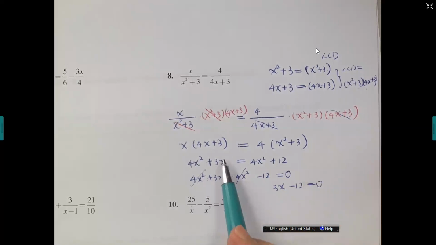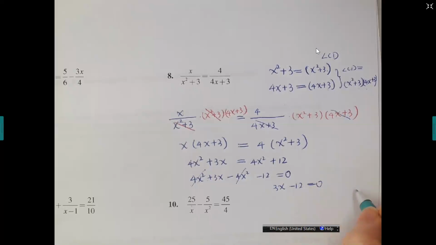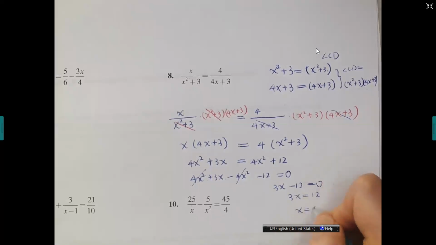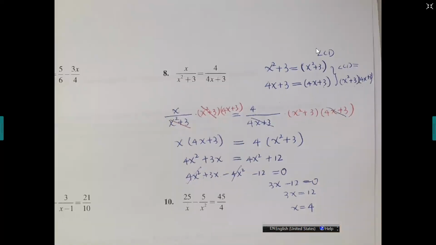It looked like a quadratic equation, but it turns out to be a linear equation now. To solve this linear equation, we move 12 to the right side. 3x equals 12, x equals 4. Okay, I believe I didn't mess up the calculation, and we end up with x equals 4.